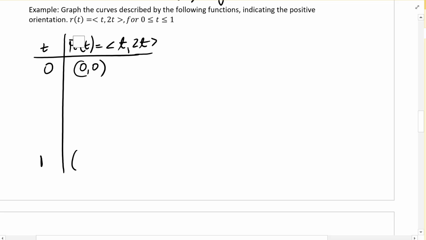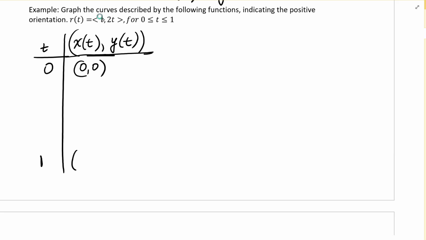Let's write it in the form x of t, y of t, where x of t is t and y of t is 2t.